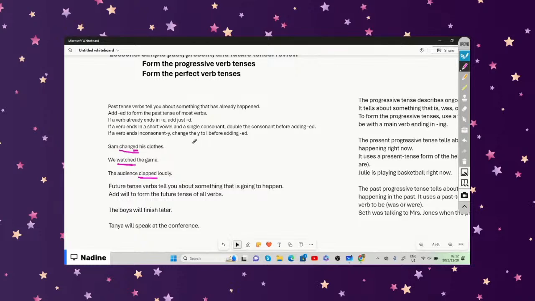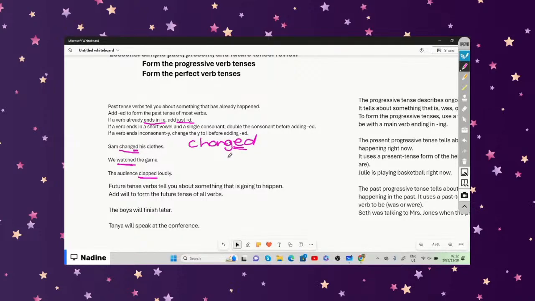As you can see, let me rewrite those words. Look at the first word, change. Change is just a verb, and as you can see, change ends in an E. Remember we said that if the verb already ends in an E, we just add a D. So we just added a D for changed.